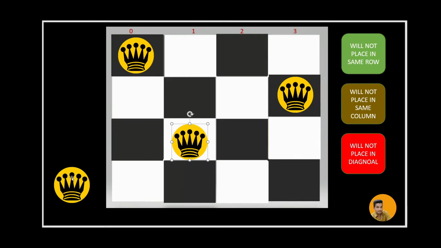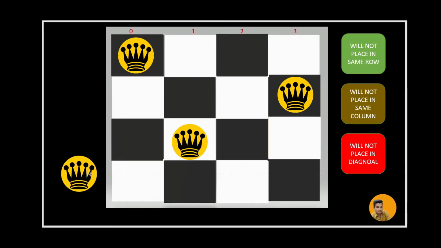Alright, let's go for the next row. As soon as you have kept this, we go to the next row. Can I keep this? No, because you can't place this queen anywhere and you have reached the column end.